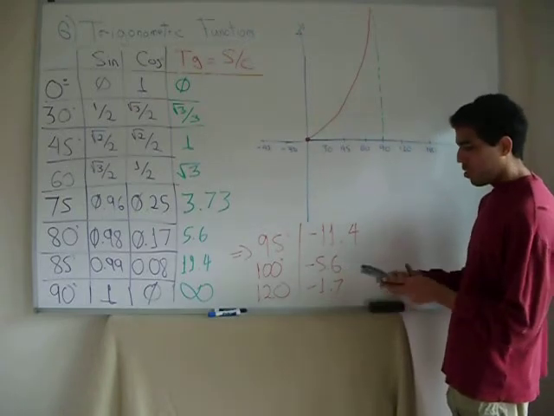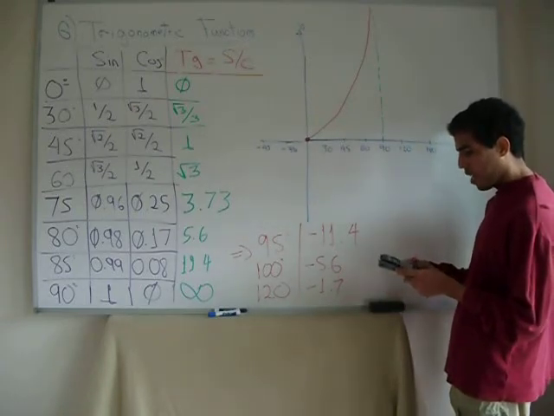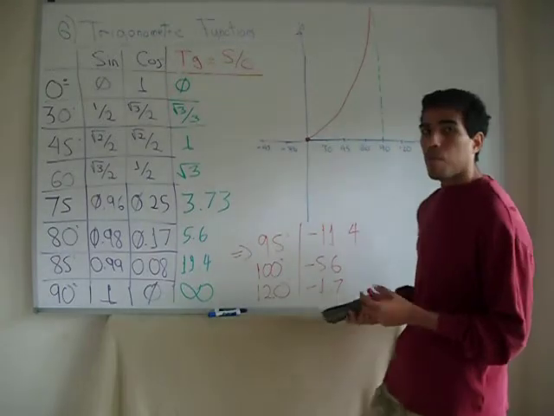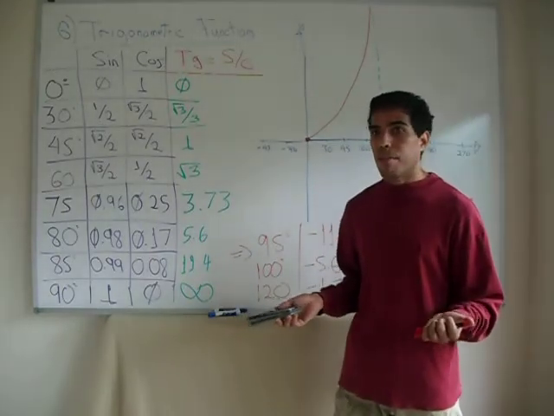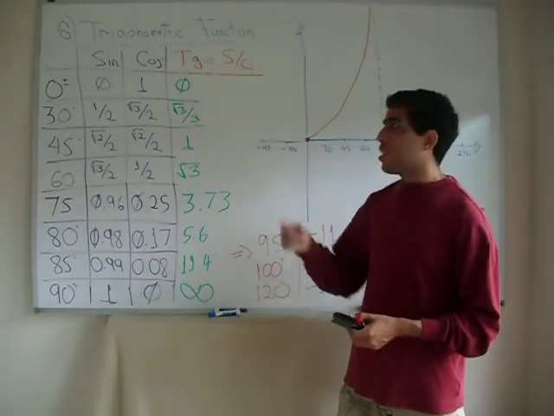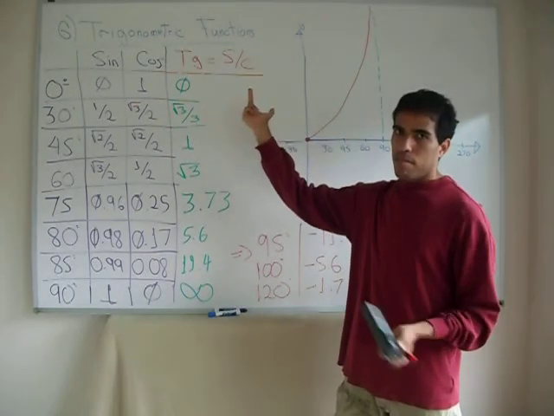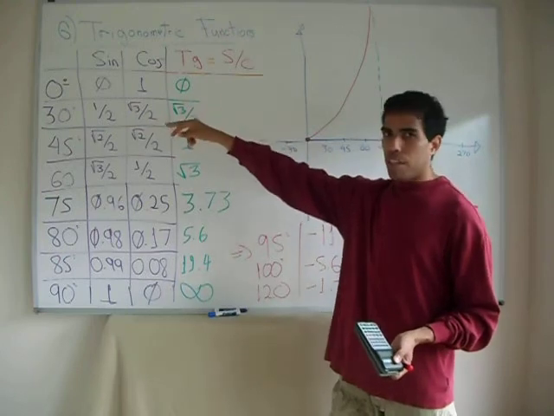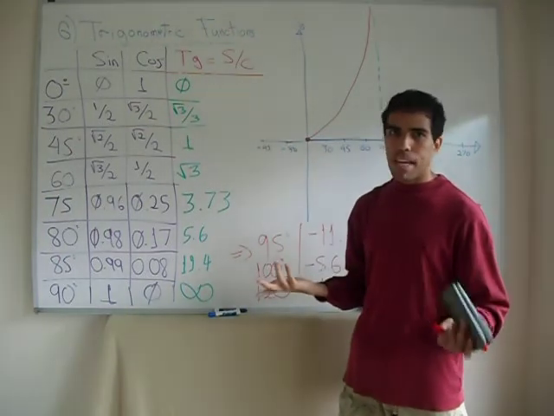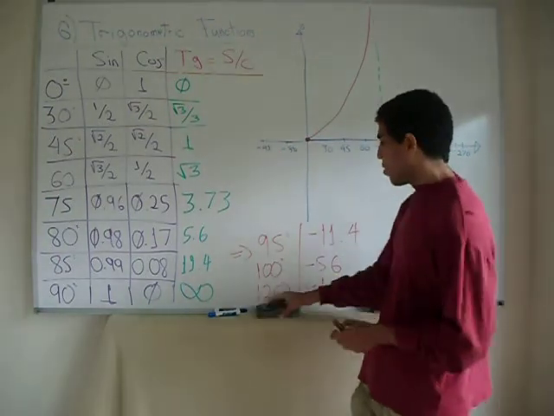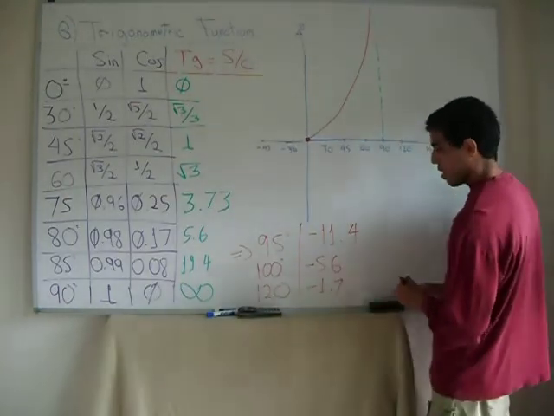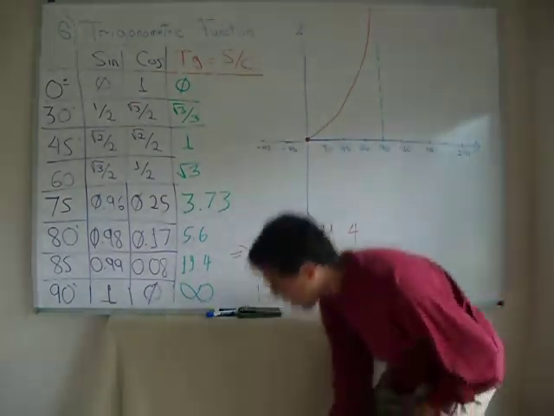And if we were to do tangent of 180, guess what value we're going to come up with? 0. Because tangent of 180 is sin of 180 over cos of 180. And that's 0 over minus 1. And that's 0. So the graph for tangent is going to look a little bit like this.